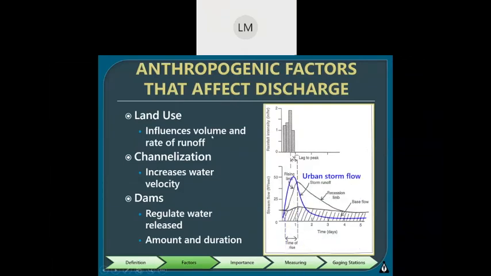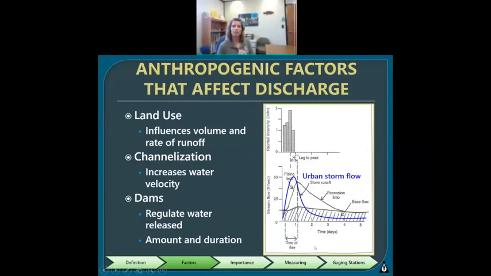And here is the blue line showing your urban storm flow. These are your flashy streams. I saw a couple of you were up in the Columbia area, so you're probably very familiar with what this looks like. When you have a big rainstorm in the middle of March, your streams are going to go up, up, up, and then they're just going to go right back down to normal. Okay, and that's how they work in an area that doesn't have a lot of vegetation. They have a lot of impervious surfaces. They're what we call flashy.